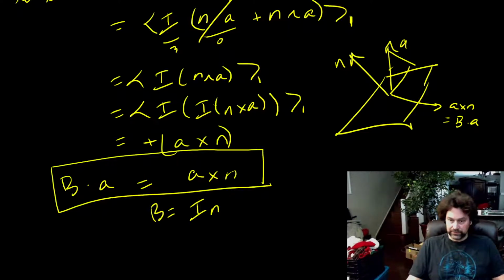And in particular, if this was a unit normal n, then if we rotate, we would multiply by n again.